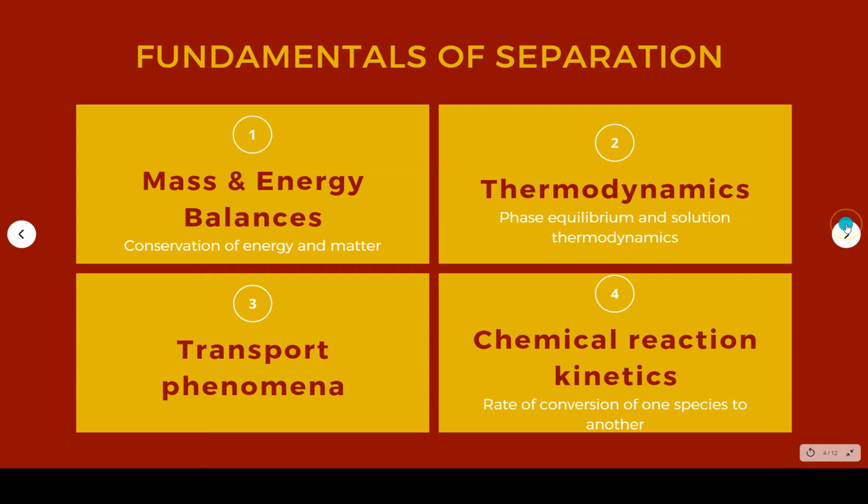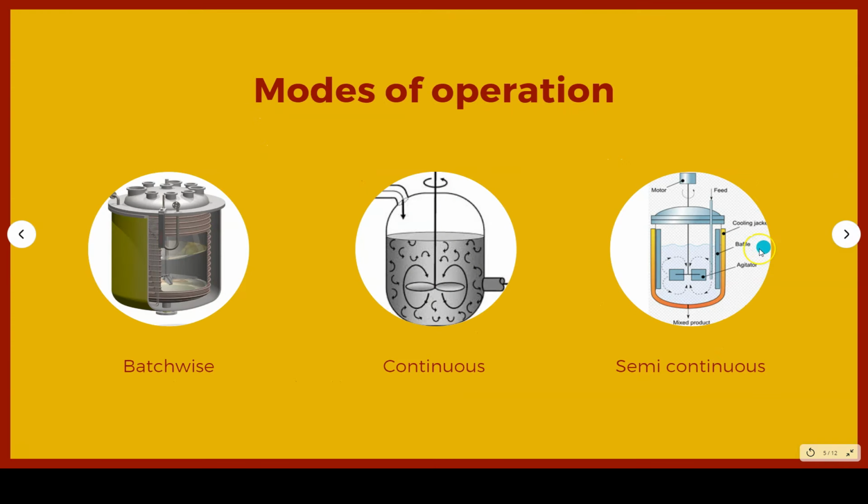But why do we need all these fundamentals of separation? Alright, we will look. These are the modes of operation. There are batchwise, continuous, and also semi-continuous. In all these modes of operation, the separation process will take place.